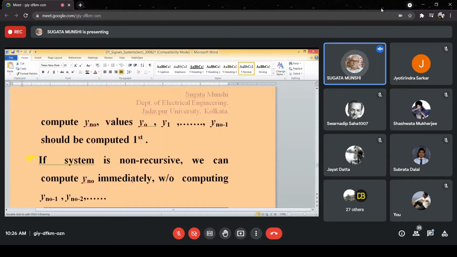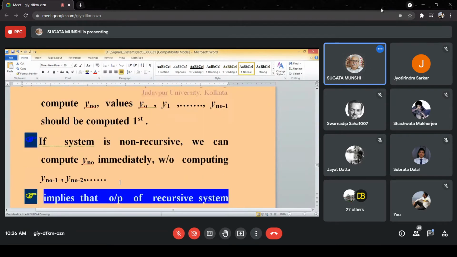For a non-recursive system, it need not be in this sequential manner. You can compute y[n0] immediately without computing the previous output samples. That means you can compute y[100] first, then y[0], then y[3], then y[4], like that, for non-recursive systems.